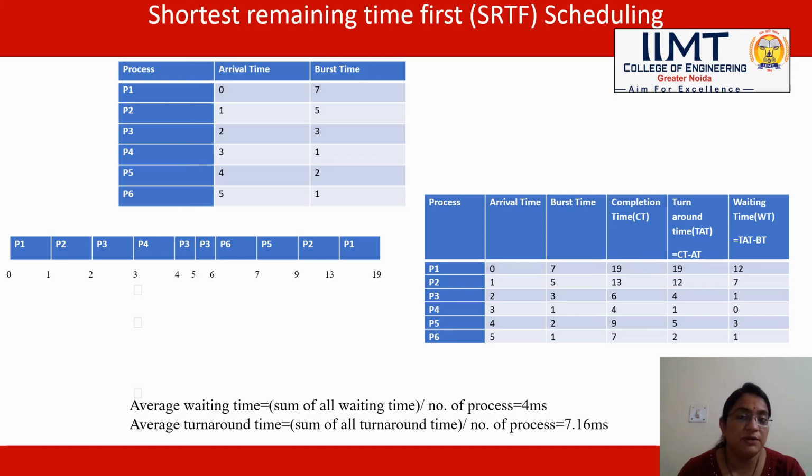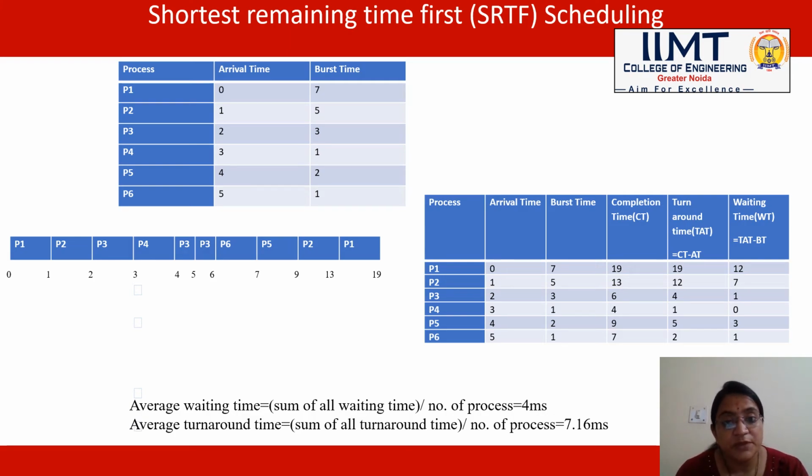So first of all we will make the Gantt chart. At 0 seconds, process P1 arrived in the ready queue and we will allocate CPU to P1. At 1 second, after P1 executes for 1 second, we can see that two processes, P1 and P2, are in the ready queue.